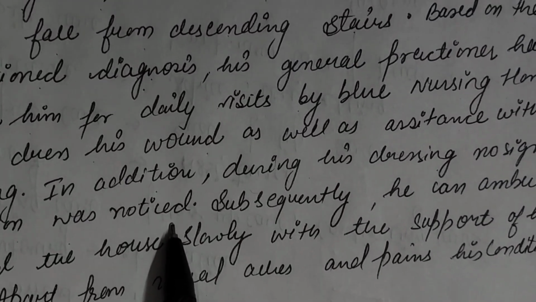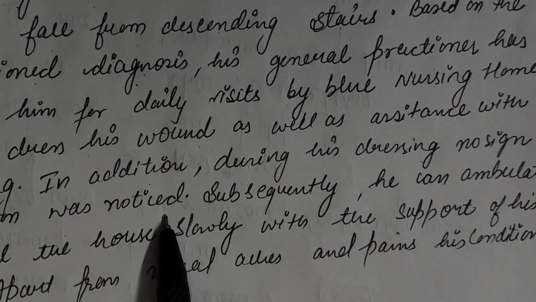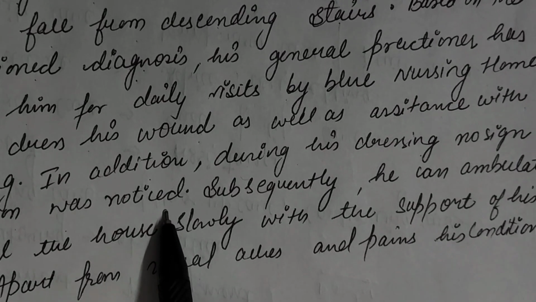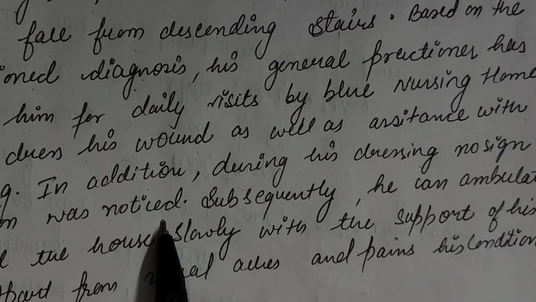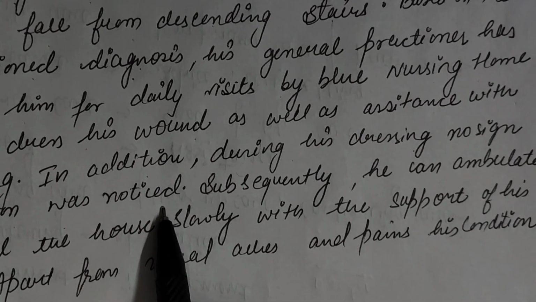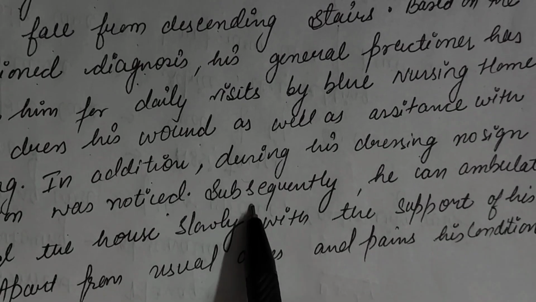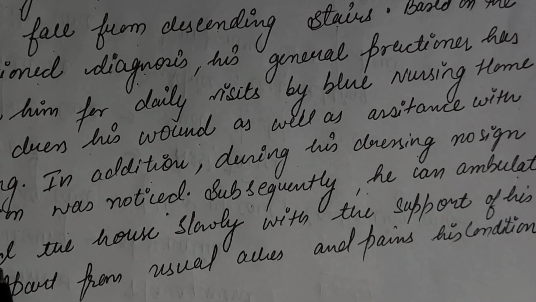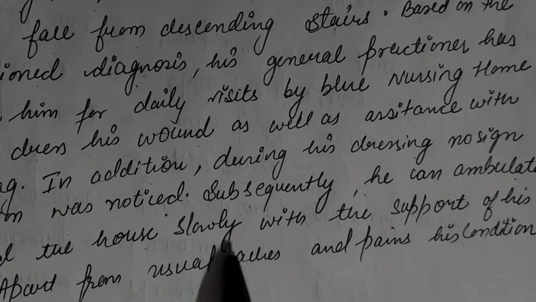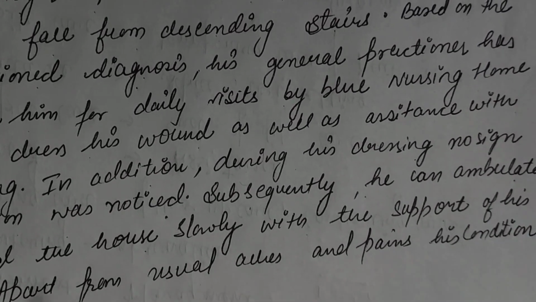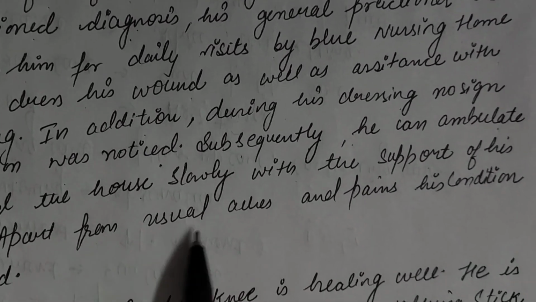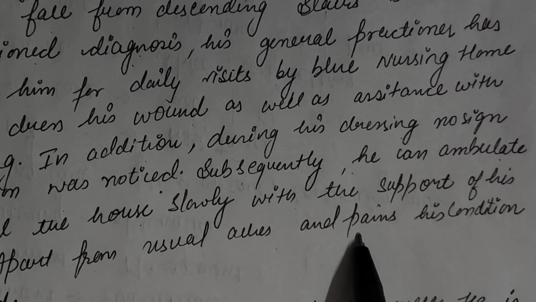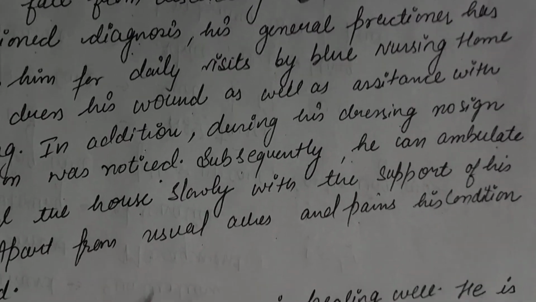So try to use passive voice in OET writing so that we can achieve high scores with the help of passive voice. Subsequently, he can ambulate around the house slowly with the support of his wife. Apart from usual aches and pains, his condition is good.